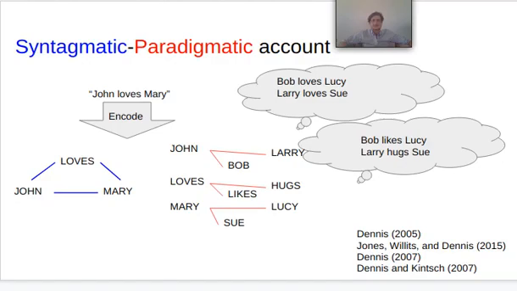For example, if Bob and Larry preceded the word loves in previously studied sentences, they would have a paradigmatic association. Later, John would form a paradigmatic association with Bob and Larry when encoding John loves Mary. Dennis showed that it suffices to know that John is Bob-like or Larry-like when resolving the role binding problem.